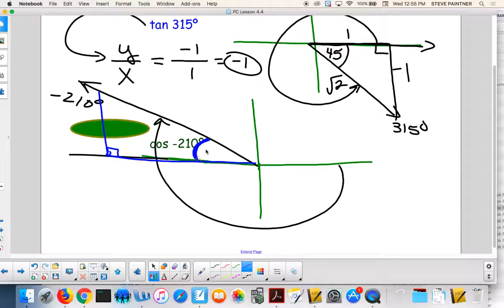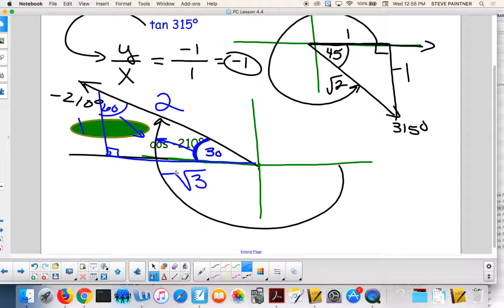If that's 30, that's 60, which leads you to believe the radius is 2. Opposite of 30 is half the radius, 1. Opposite of 60 is what? Square root of 3. But this leg is negative, right? It's a negative leg.